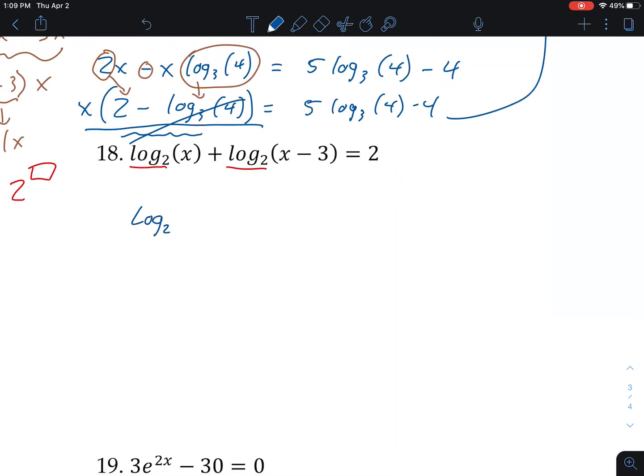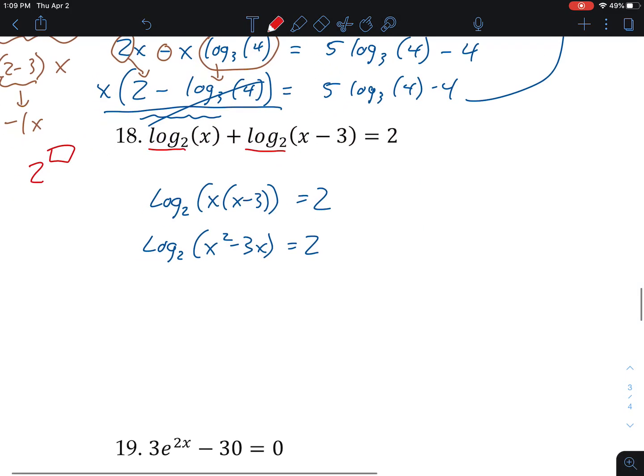So you have log base 2, x times x minus 3 is equal to 2. Okay, so here's my base 2. Here's my base 2. I combine it because plus means multiply, and I multiply these. So let's just make it a little bit neater. X squared minus 3x is equal to 2.